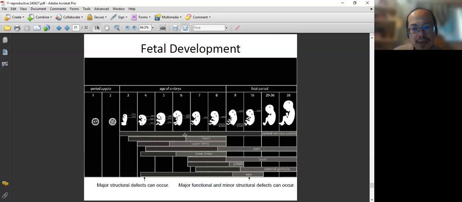For example, the early ones will be the heart, the central nervous system, and the limbs, and you can see that some of those don't end after the pregnancy. They will continue to grow. And so it's important not just during the pregnancy, but also very important after the pregnancy. You need to provide the baby good nutrients during the pregnancy. Don't smoke, very critical.